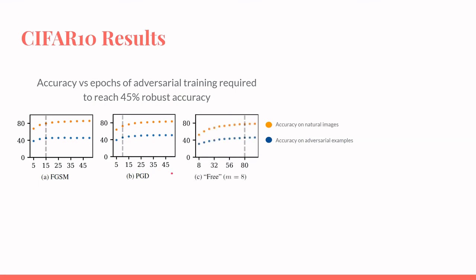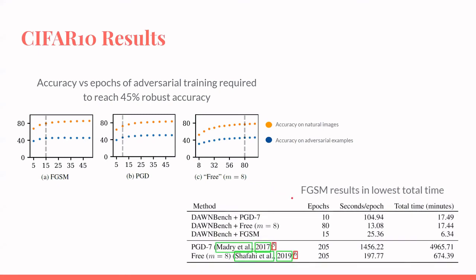For free FGSM, the number of epochs required to reach 45% accuracy is 80. They show the same results with the exact amount of time taken for each of these methods, and we can see that FGSM with DAWNBench techniques performs the best, with 6.34 minutes to reach 15 epochs.